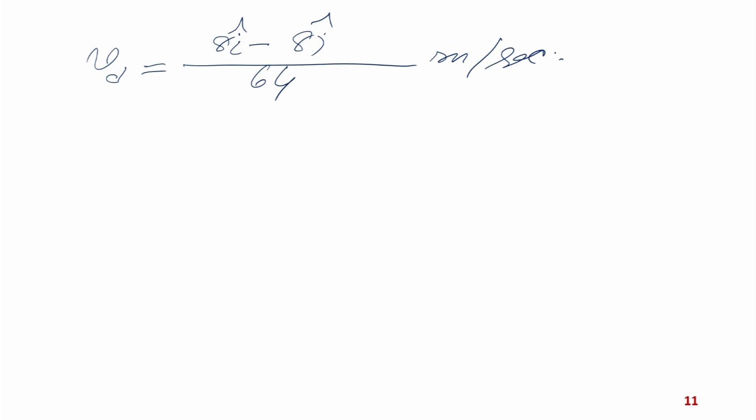So, it is 1 by 8 meter per second. And since V d is a cross product of the electric and magnetic field, it is perpendicular to both E and B.